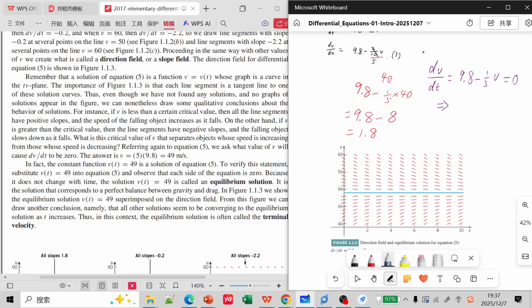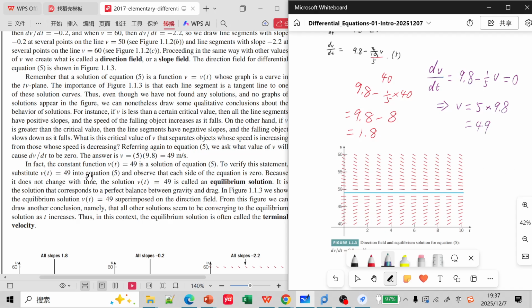Then we can get v is equal to 5 times 9.8, because we can put this term on the right, and then we multiply by 5 on both sides, so we can get v is equal to 5 times 9.8, and this is 49.